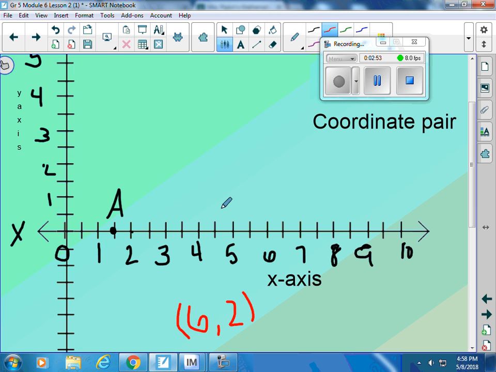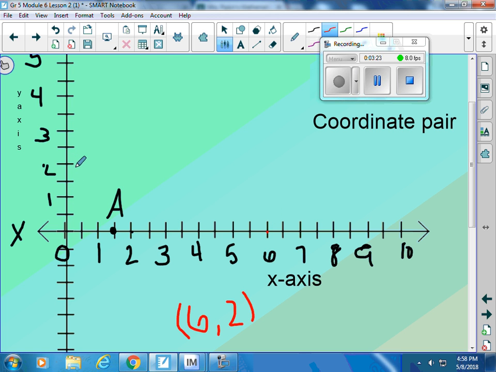What if I had the coordinates 6 and 2? What would I do? Well, first I would get in the elevator. So I get in the elevator at door 6. Here's where I start. This is my origin, and I go all the way over to 6. Now I get in the elevator, push the button, and I want to go up to the 2nd floor.